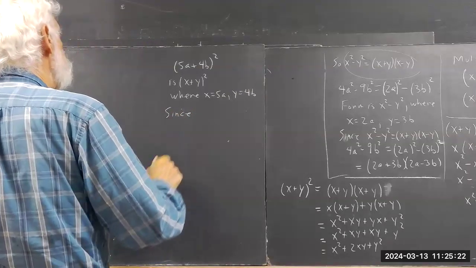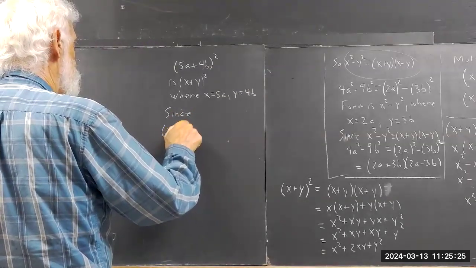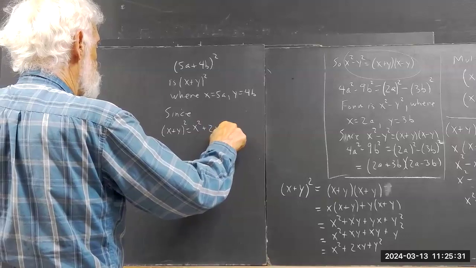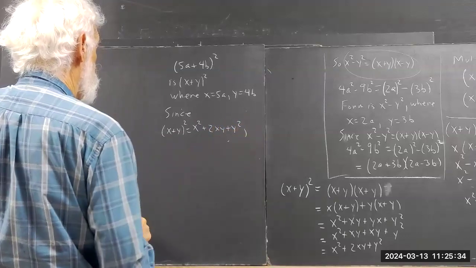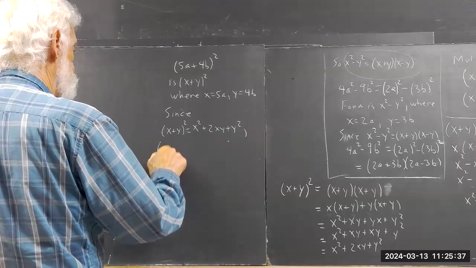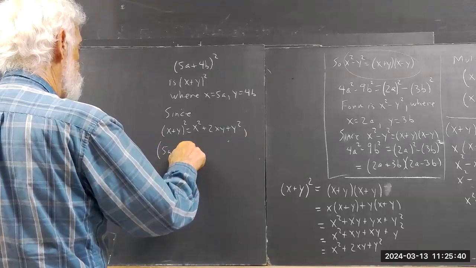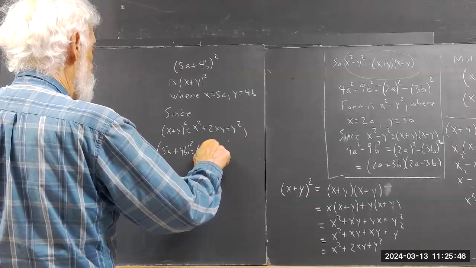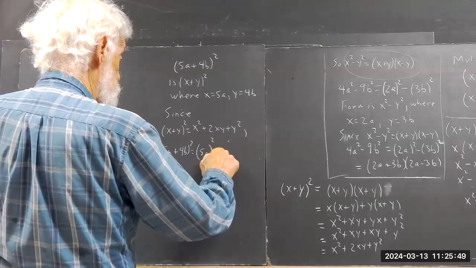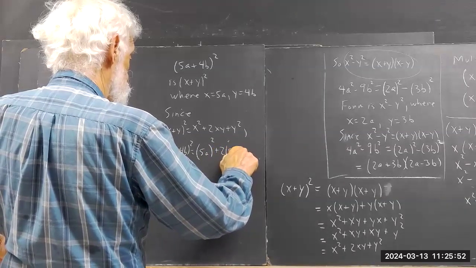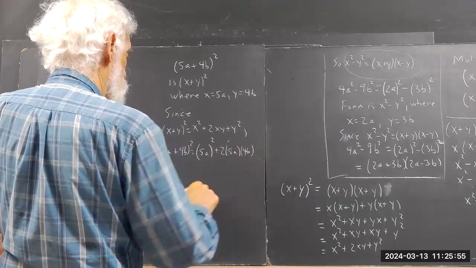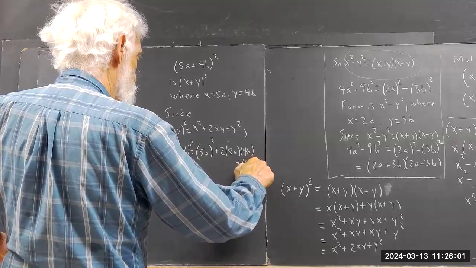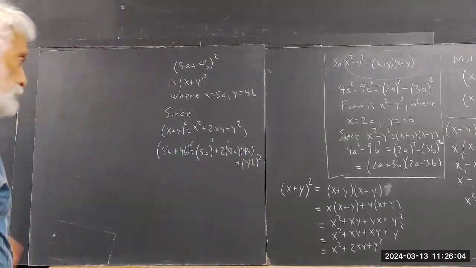Since x plus y squared equals x squared plus 2xy plus y squared, 5a plus 4b squared equals 5a squared plus 2 times 5a times 4b plus 4b squared. Do we see this?